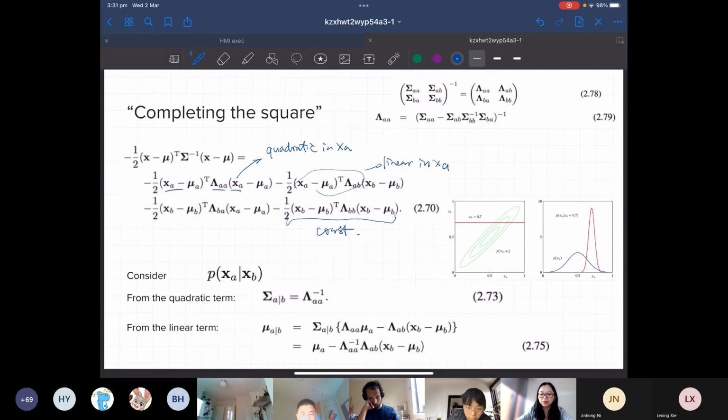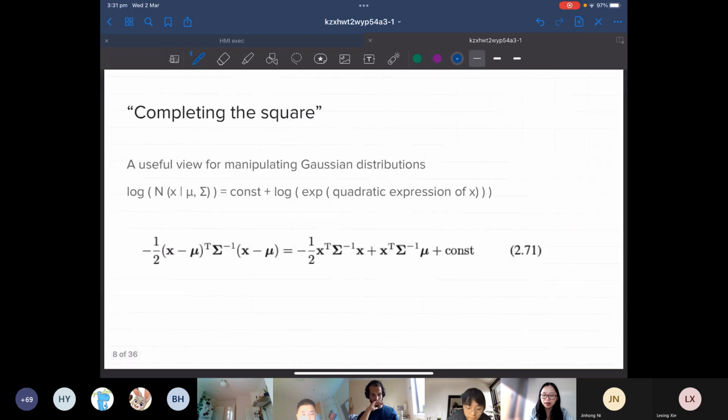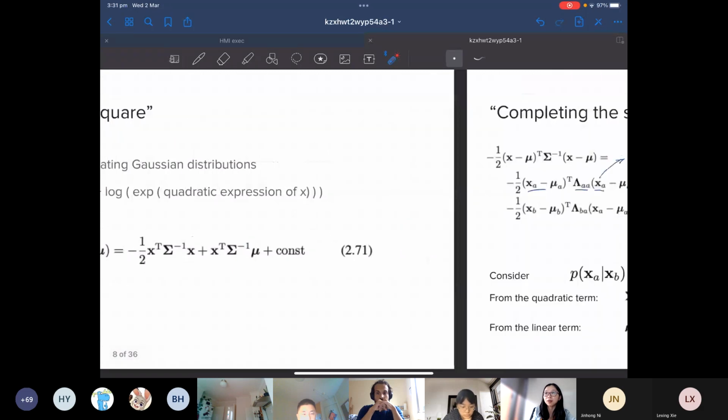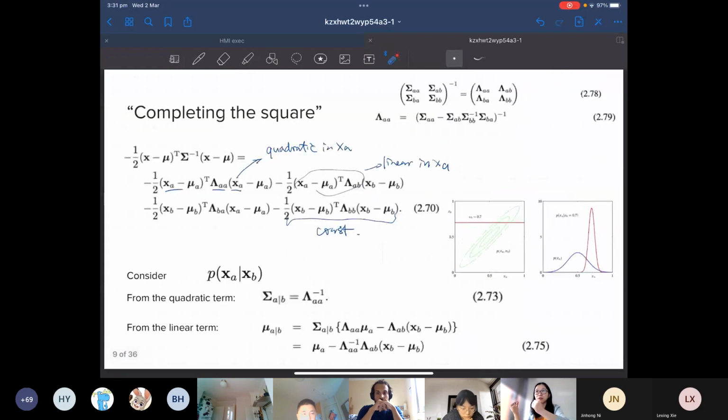So if we apply the completing the squares trick, we can see that, from this general multivariate Gaussian expression, the term in the middle involving the quadratic of the vector of concern is the inverse of the covariance matrix.